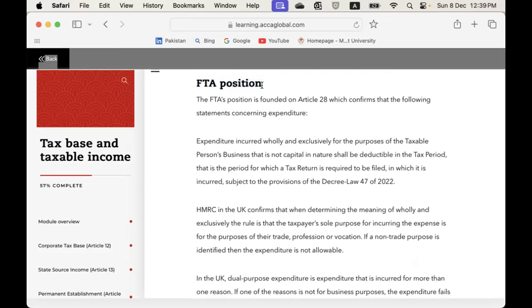Does anybody know what is that revenue threshold requiring audit of the financial statements? It's 50 million dirhams. So if your entity is earning 50 million dirhams per annum revenue, only then the company will be required to maintain audited financial statements. Clear?